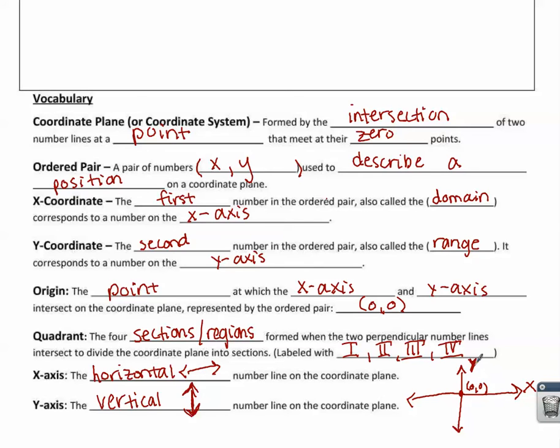And your quadrants make a C. So you start up here, and as you go, you can label. So this is quadrant 1. I'm going to continue making my C. Now I'm in quadrant 2. Continue making my C. Quadrant 3. And then I'm going to finish in quadrant 4. Turn the page and let's do some practice.